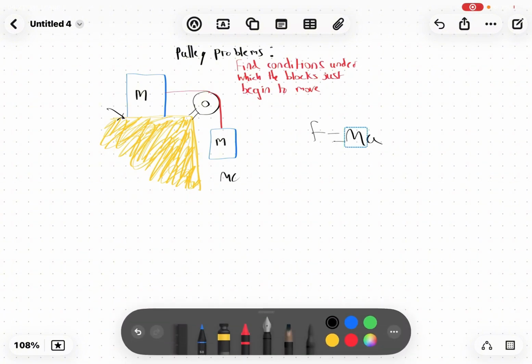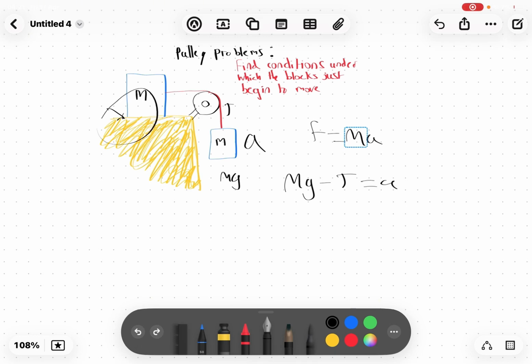Over here we have mg and the T, so we're able to write mg minus T equals ma. Because the acceleration is the same, we're able to find the acceleration.